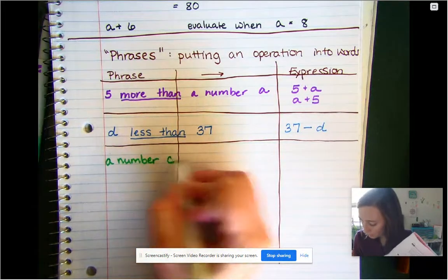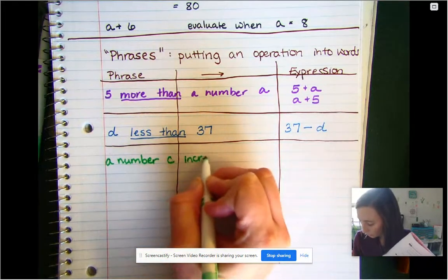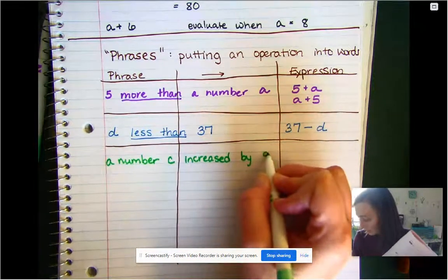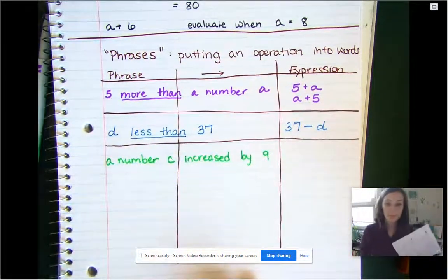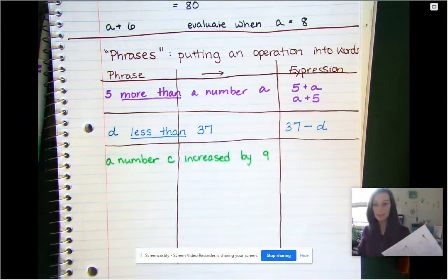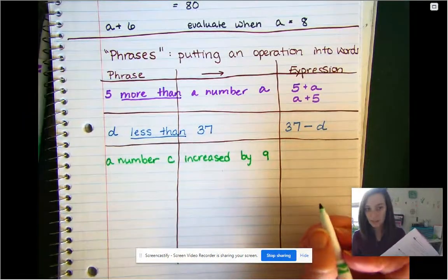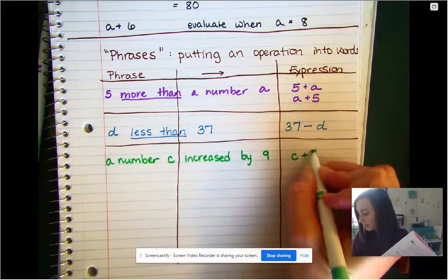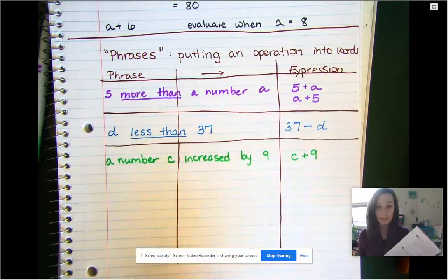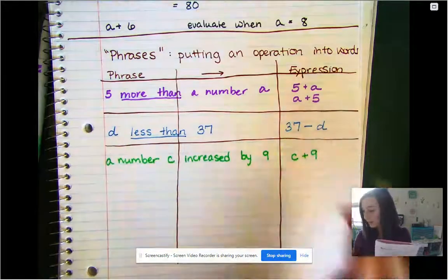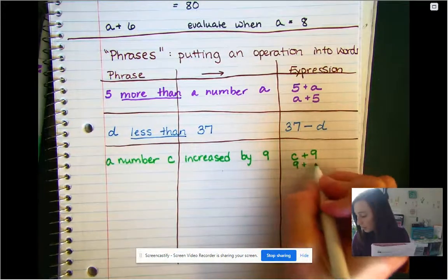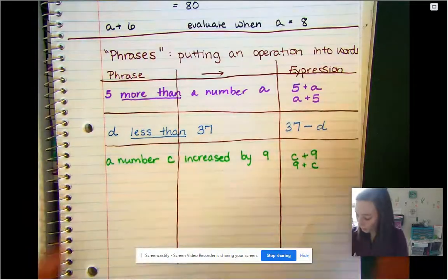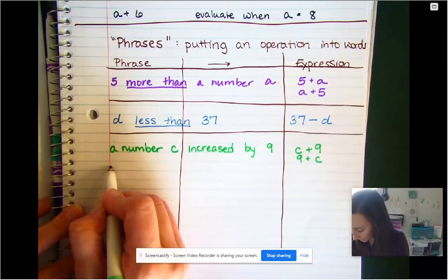A number C increased by 9. So pause it, write what you think it is. So I would say a number C increased by 9 would be C plus 9. And because order doesn't matter in addition, I also could write it as 9 plus C. Okay? All right.